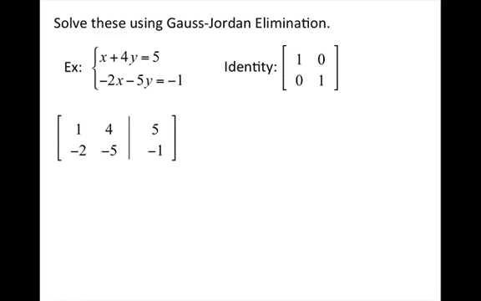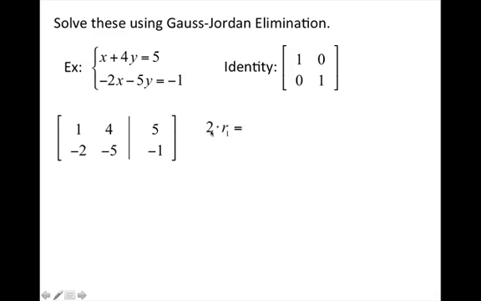Well, think back to the addition-elimination method and look at your original equations. In my first equation, I had an x. In my second equation, I have a -2x. If I wanted those to eliminate, I would need this x to be a +2. So I would multiply row 1 by +2. I'm going to do the exact same thing with my matrix.